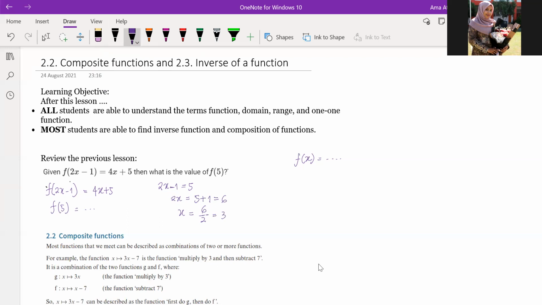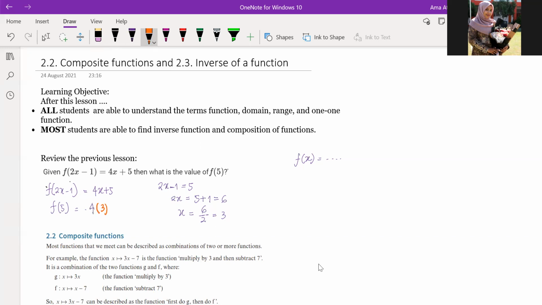Right. So to make here f of 2x minus 1 become f of 5, then we need to change this x into 3. Okay, and therefore we are substituting 4 times 3.